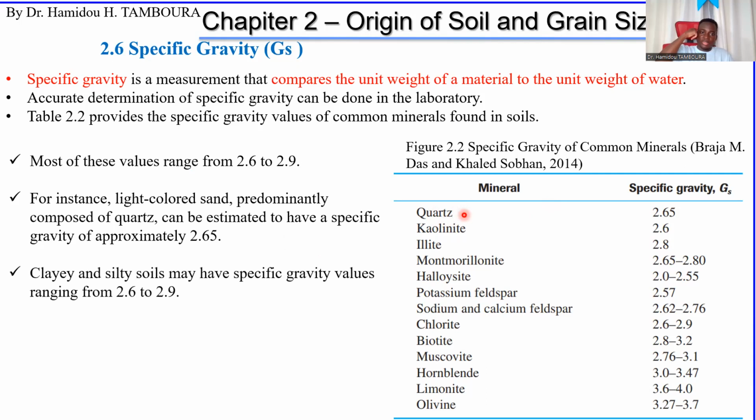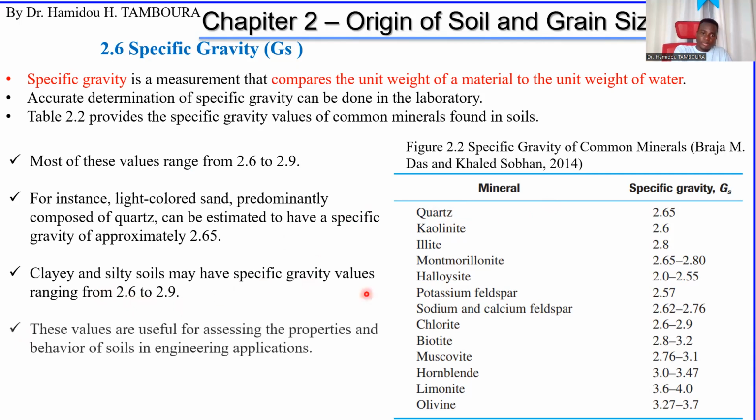So the clay and silty soil may have specific gravity values ranging from 2.6 to 2.9. And these values are usually used for assessing the property and behavior of soil in engineering application. So we need this value in engineering application.